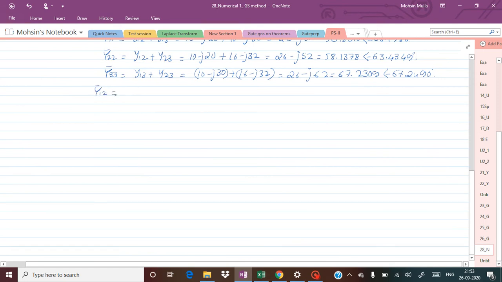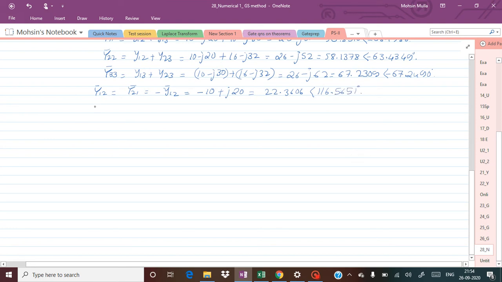The same way, let us find the other elements. Y12, which is also Y21, is minus of y12. Taking the minus sign, minus 10 plus j20. In polar form this will be 22.3606 at an angle of 116.5651 degrees.